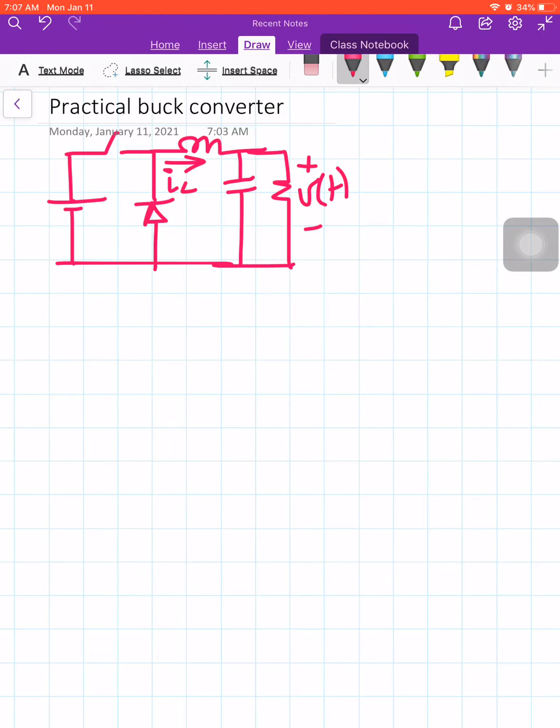We have discussed the small ripple approximation and switching cycle averaging, right? Let's recall what the small ripple approximation is.